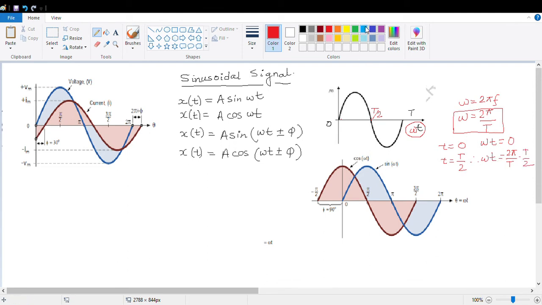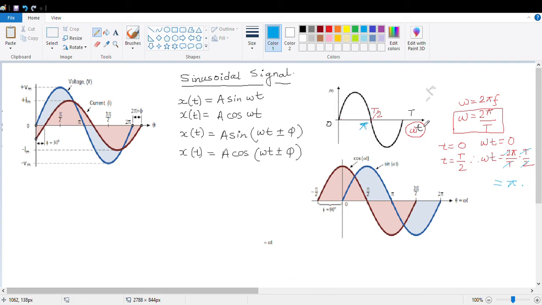So the T and T cancel out, these two cancel out. So for this waveform having time period T, when the time axis is changed to omega t, this value of T by 2 is converted into the value of π. Understood?